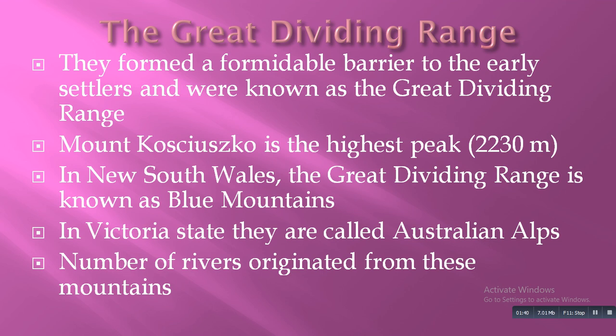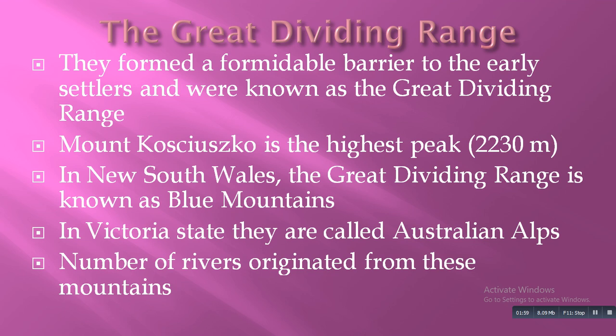They are the Great Dividing Range and the Great Barrier Reef. First one is the Great Dividing Range. They formed a formidable barrier to the early settlers and were known as the Great Dividing Range.